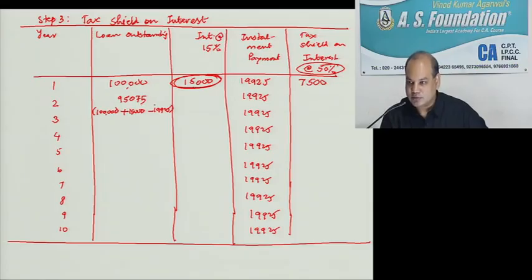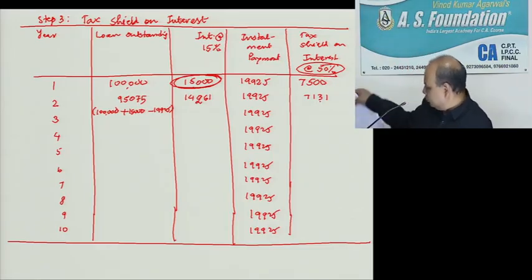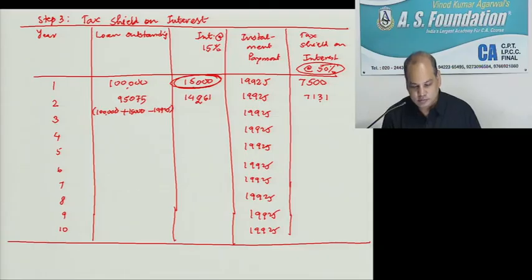Interest next year, 14,261, into 50%, 7,130 or 31, no problem. Complete the table first, then I will talk to you later.